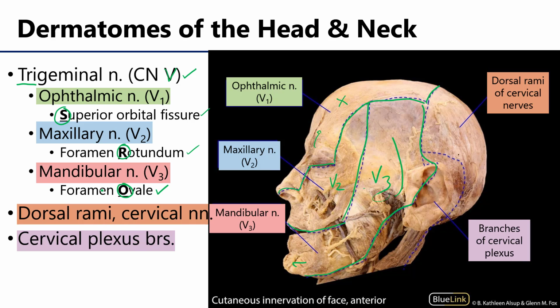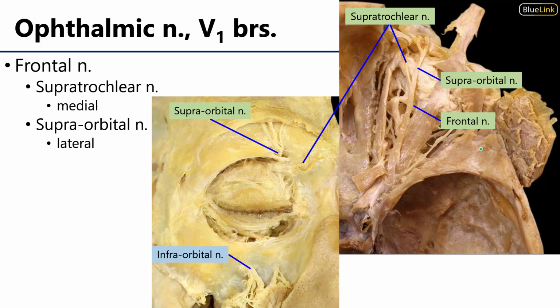And then the remaining 2 dermatomes will be branches from the cervical plexus and dorsal primary rami of cervical nerves. But the face, the dermatomes that we are concerned with here. So let's take a look at each of these nerves as we go.